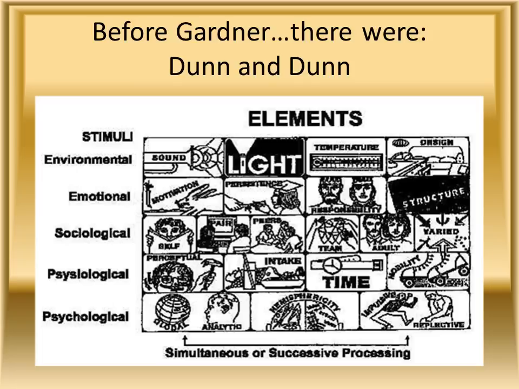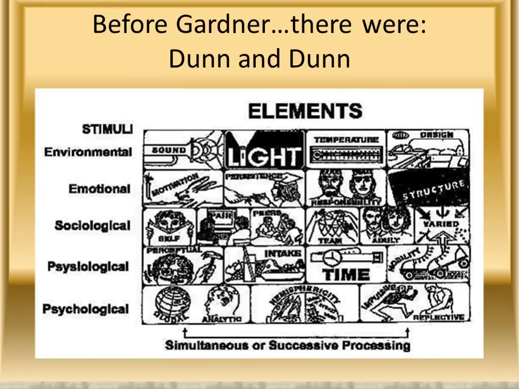And that really brings us to Dunn and Dunn, who came up with a whopping 21 elements that deal with learning styles. Tory touched on this earlier, through such stimuli as environmental, emotional, sociological, physiological.